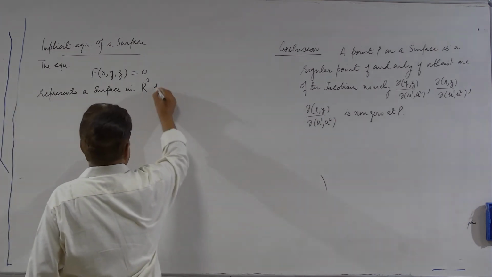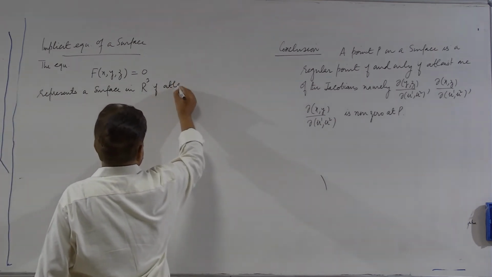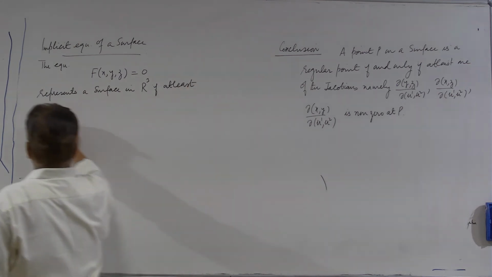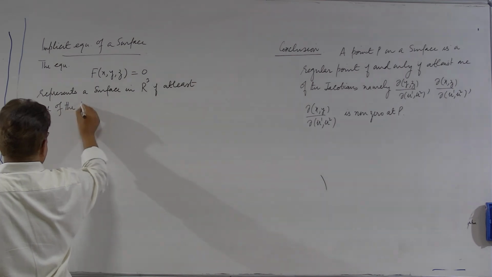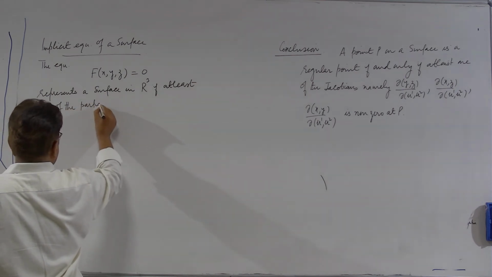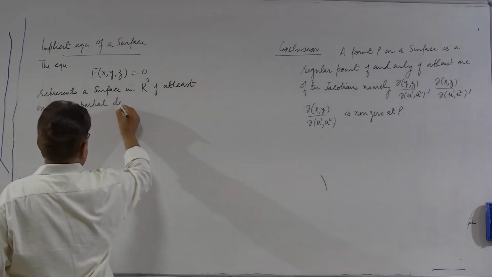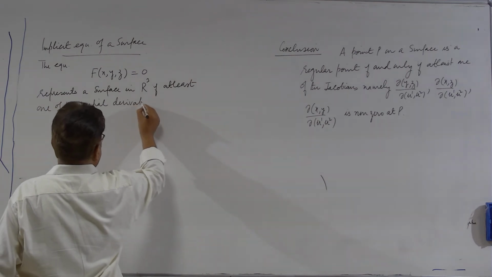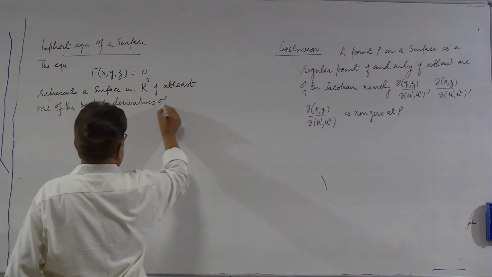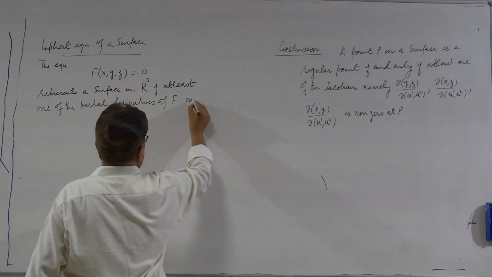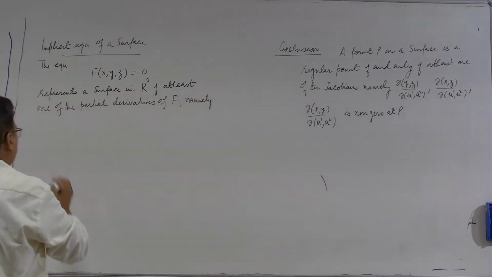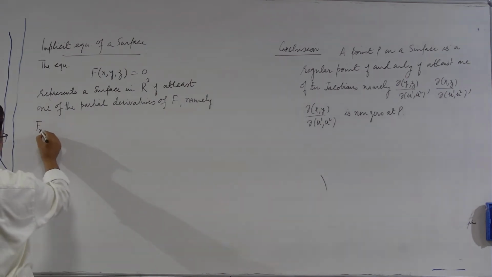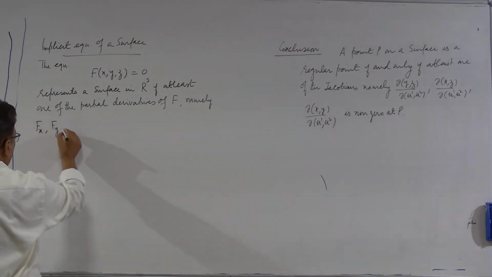If at least one of the partial derivatives of f, namely what are the partial derivatives of f? We denote them by the symbol f x, f y, f z.